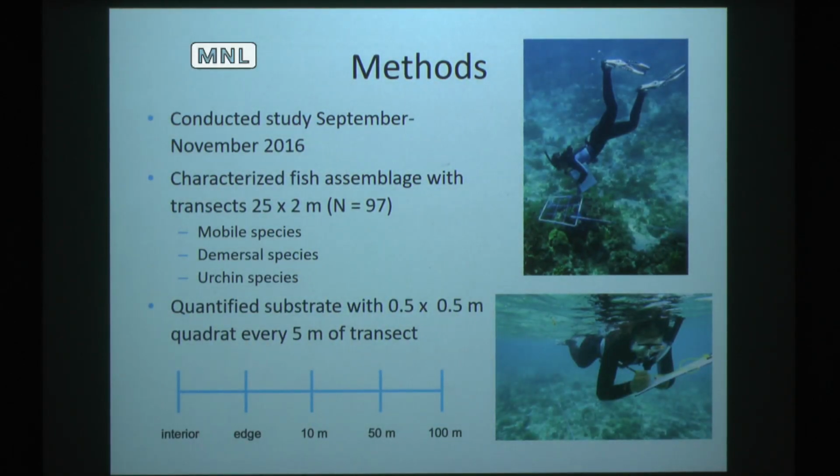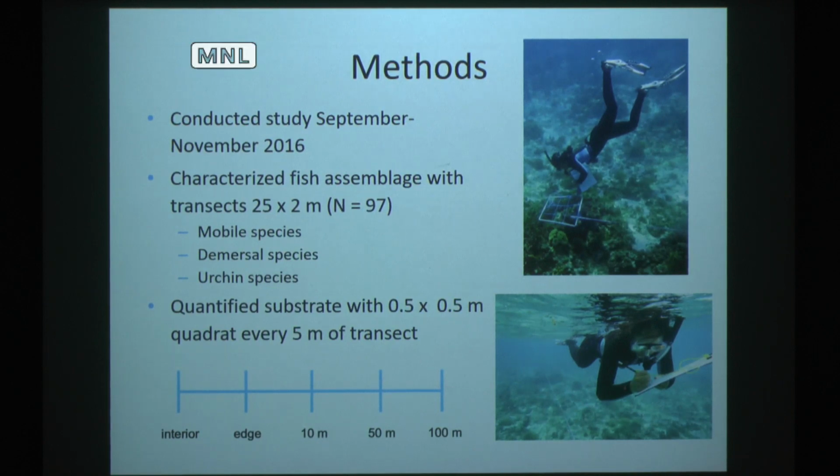And the methods included surveying the fish community using strip transects of 25 by 2 meters. First, I counted and identified all the mobile species of fish. Then we focused on the demersal or more benthic species. And also we counted all the urchins since they are important herbivores in the systems.